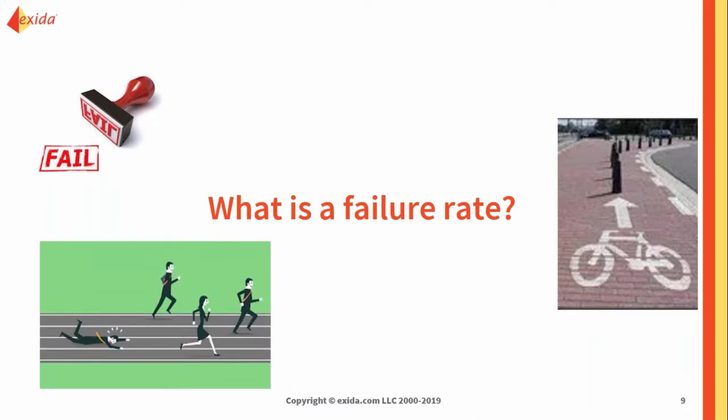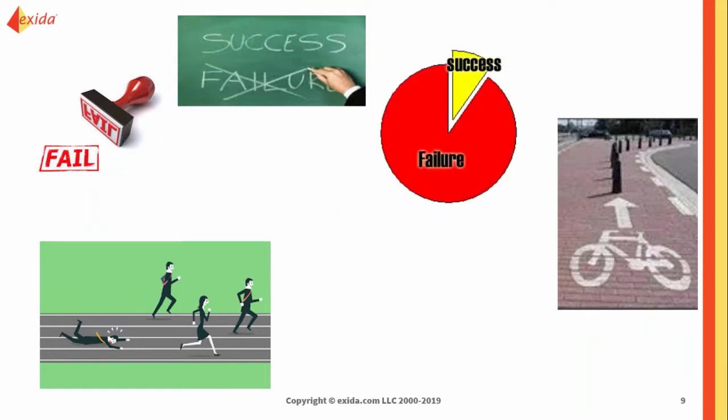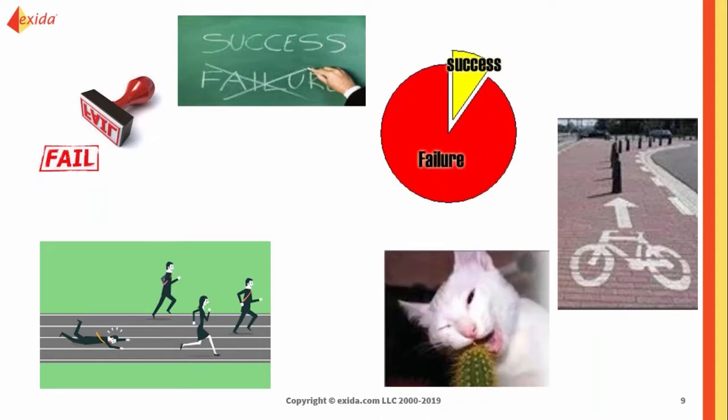It can be broken down into several different categories. There can be safe failure rates, dangerous failure rates, detected or undetected failure rates, independent or normal and even common cause failure rates.